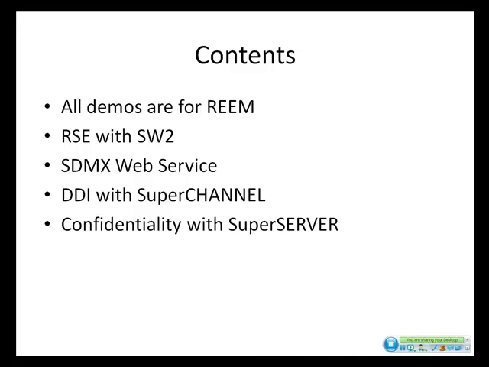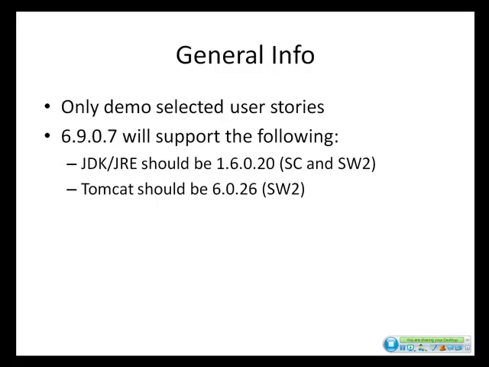So the 4 projects we are covering are RSE with SuperWeb 2, SDMX Web Service, DDI with SuperChannel, and confidentiality with SuperServer. There's one main change that's being introduced in this release. We're picking up the latest version of JRE, which is either JRE or JDK 16020, and we're also upgrading to Tomcat 6026.